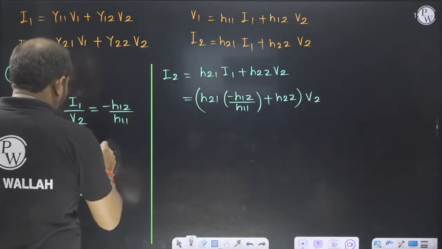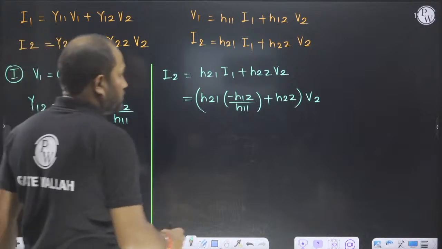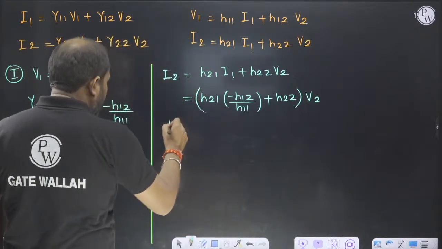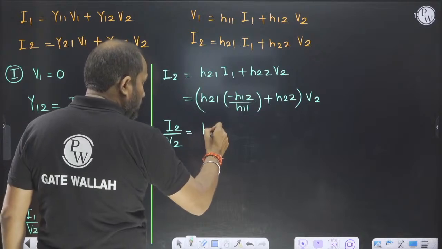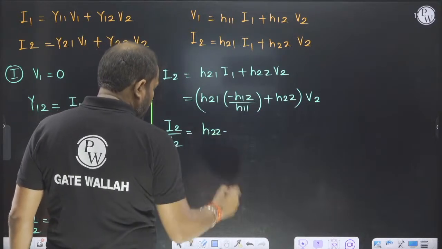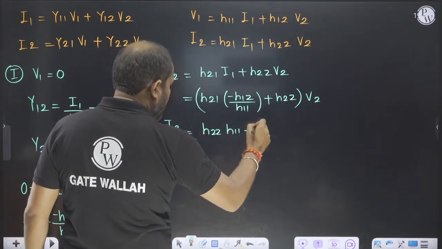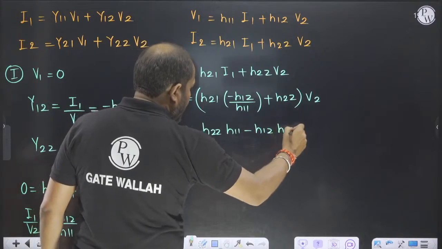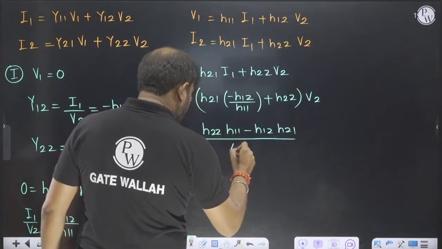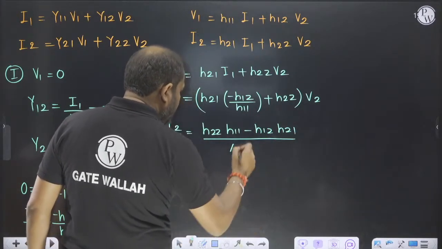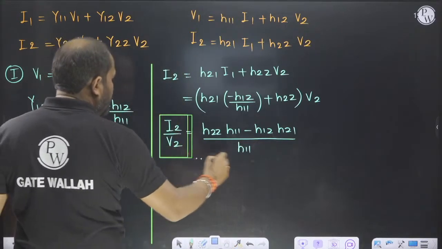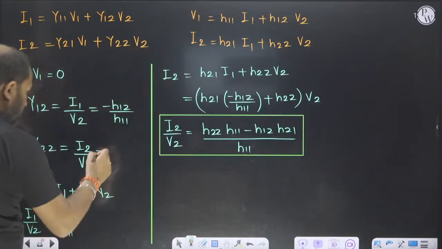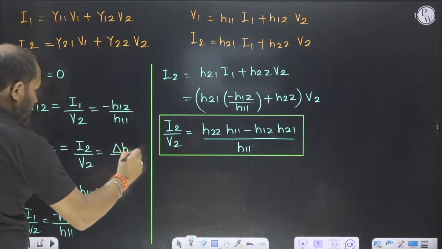So I2 upon V2 will be equal to H22 H11 minus H12 H21 divided by H11, which is delta H upon H11.